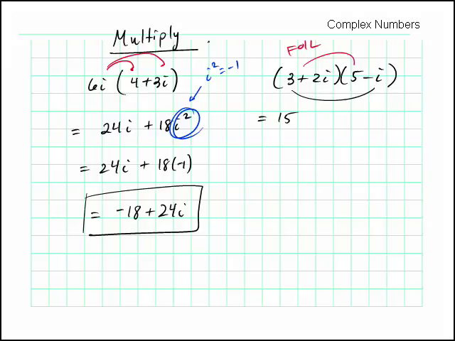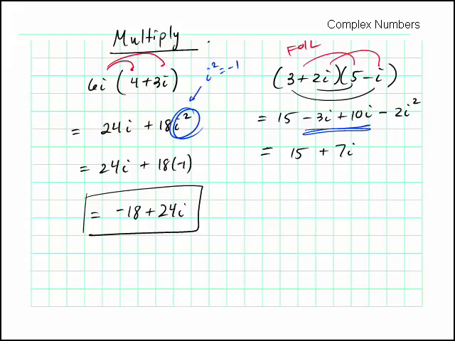That's going to be minus 3 times i. That's plus 10i. And then multiplying the last ones together, that is negative 2i squared. I've got 15. Combine these like terms in here. That's going to be 7i.